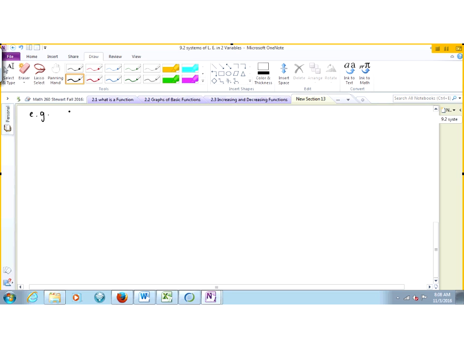So next example. This is a speed problem. This is page 650, number 47.